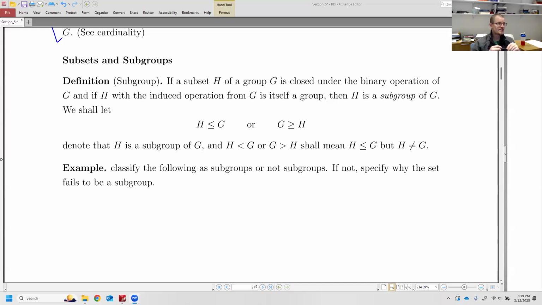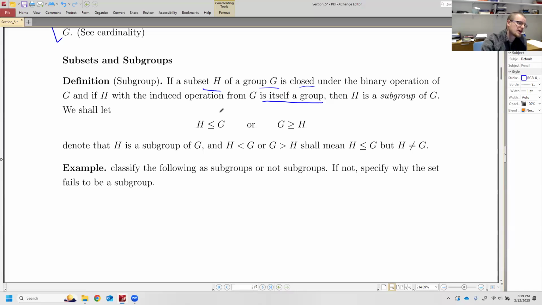But if it is the case that we have a subset of a group and that subset is closed under the binary operation, so it is an induced operation on H, if it happens to be that H is itself a group, then H is said to be a subgroup of G. So a subset, which is a group, is a subgroup, assuming that G was a group to start with, right? It's only a subgroup if G itself was a group.